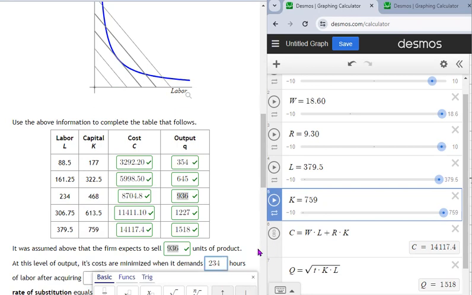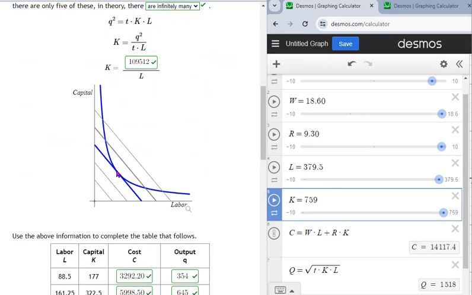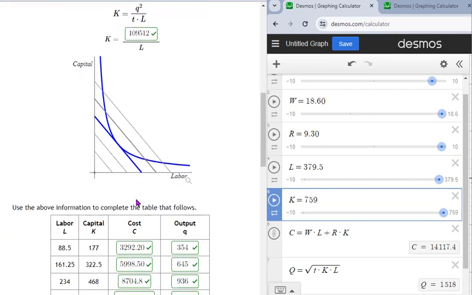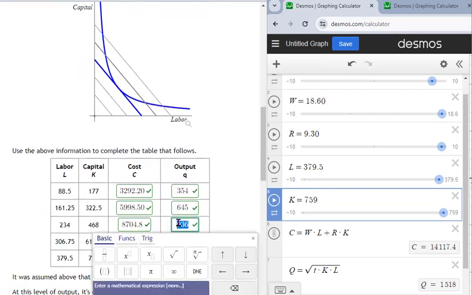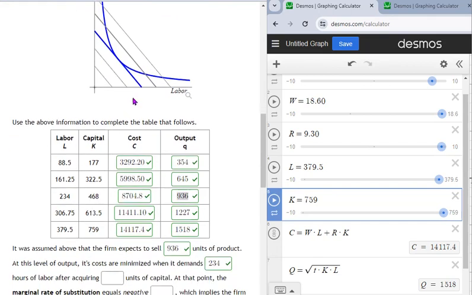And when I hit enter, the isocost line that represents the minimum cost to the firm of producing 936 units, right, is highlighted right there. Now, at the intersection or the tangency point of this isocost line and the isoquant curve, labor is 234, and capital is 468, right?